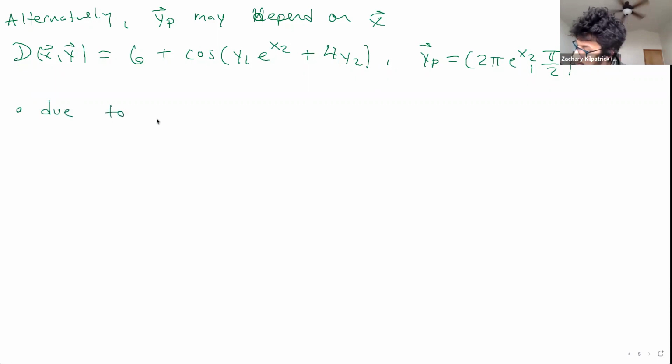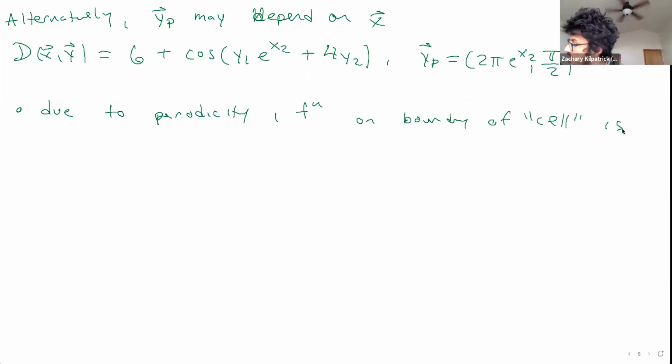Okay, so due to the periodicity, the function on the boundary of the cell is also periodic.